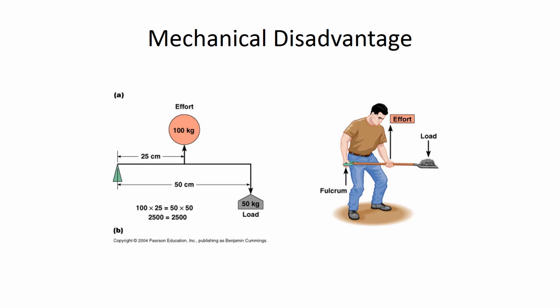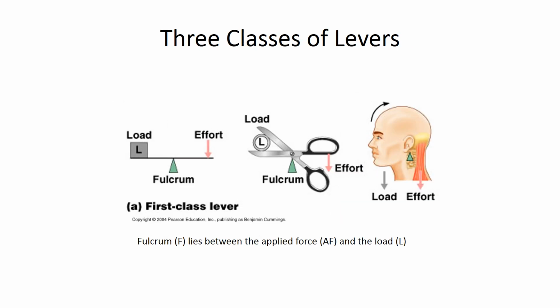Now, depending on the relative positions of the three elements, effort, fulcrum, and load, a lever belongs to one of three classes. A first-class lever, the fulcrum, lies between the applied force and the load. An example would be scissors.